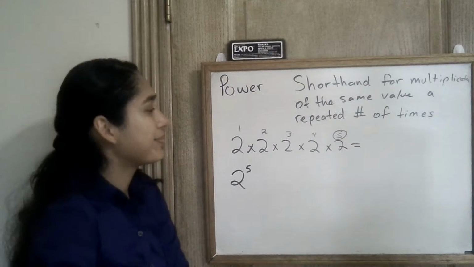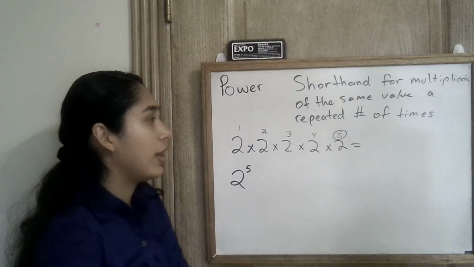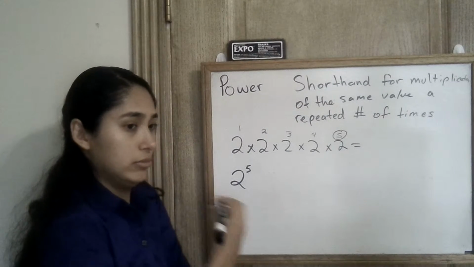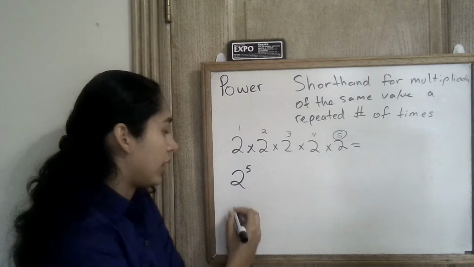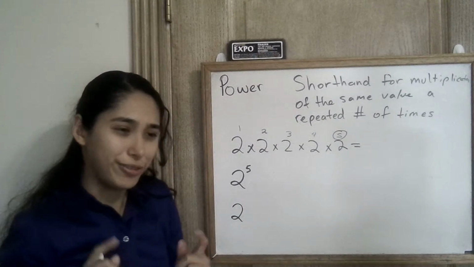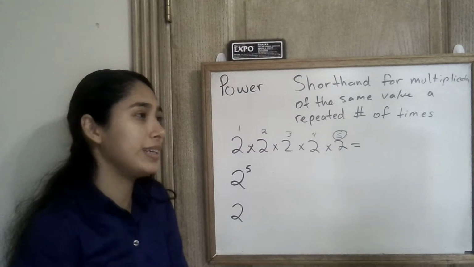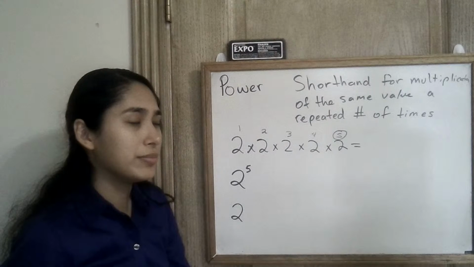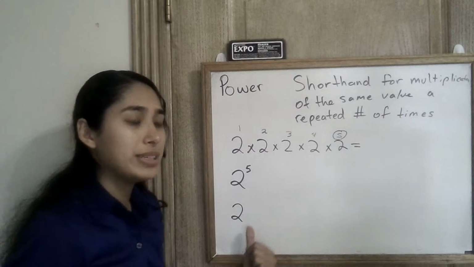Pretty cool. It makes it much easier when you're writing things down, especially if you're dealing with higher values. For example, one of our students that wants to go into IT, like two-way security or encryption methods, has to use bases of 2.